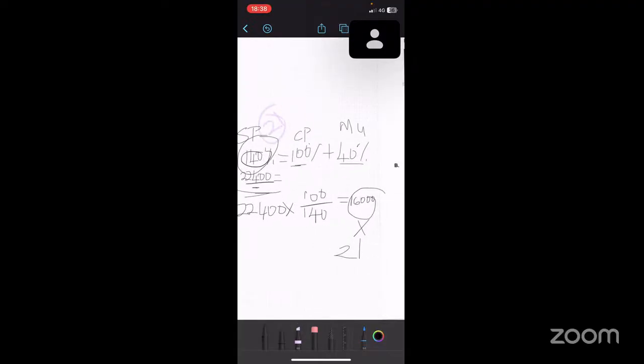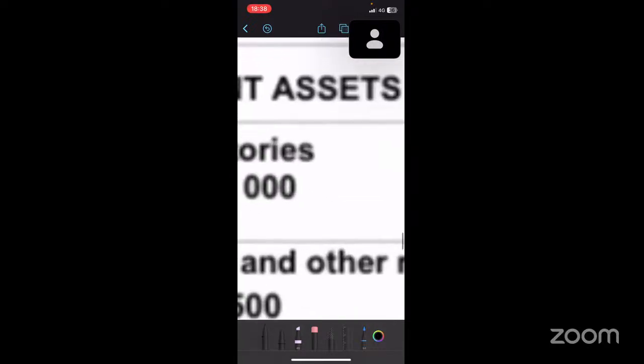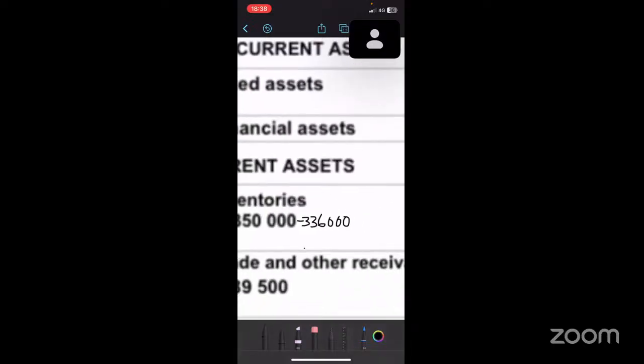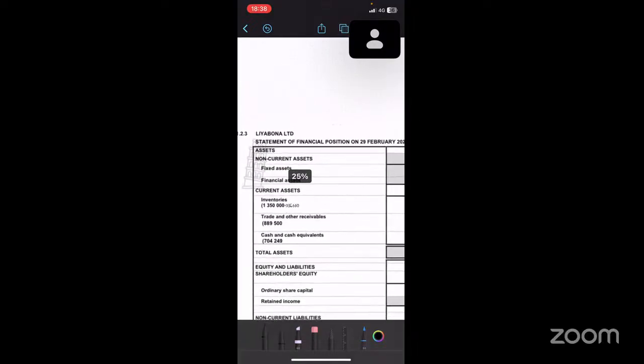Subtracted. Why are we subtracting it? Because we have double, ma'am. So we have to subtract it, so we have just the one figure that we need. 336,000. We're going to subtract it because it was there two times.